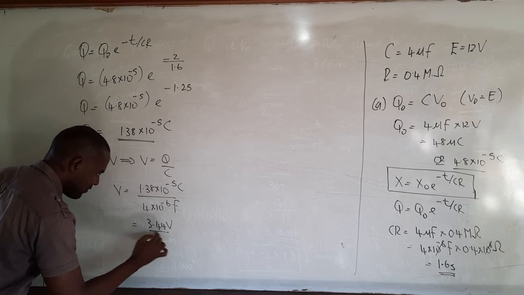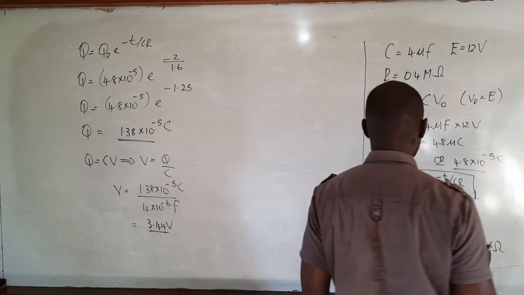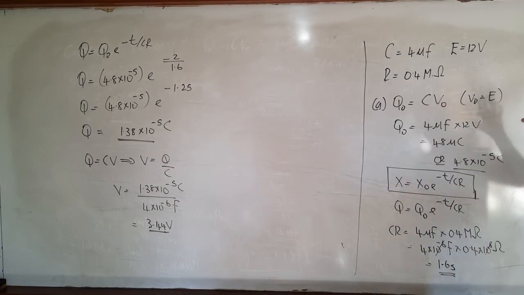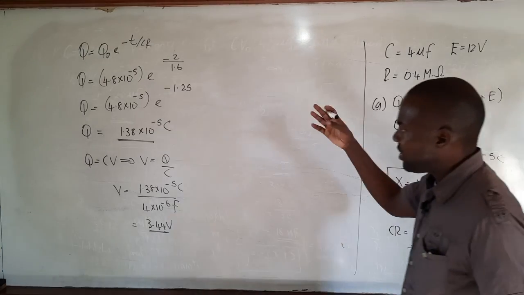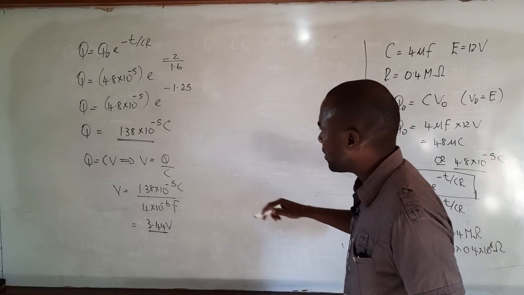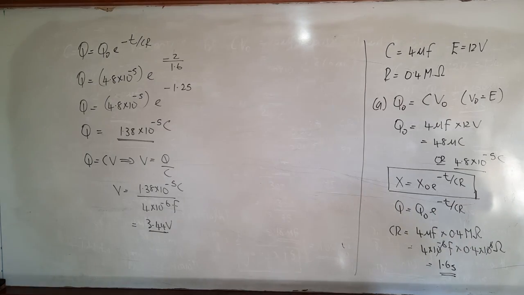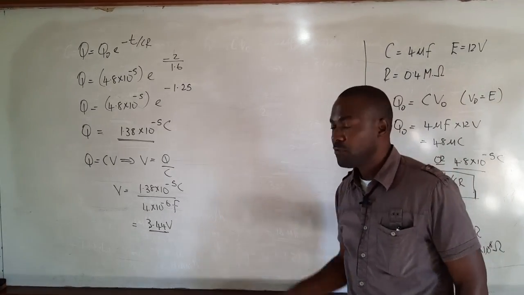Right? So after 2 seconds, the charge initially stored in the capacitor has fallen from 48 microcoulombs, or 4.8 times 10 to the minus 5 coulombs, to 13.8 microcoulombs, or 1.38 times 10 to the minus 5 coulombs. And the PD across the plates of the capacitor has fallen from 12 volts to a value of 3.44 volts.